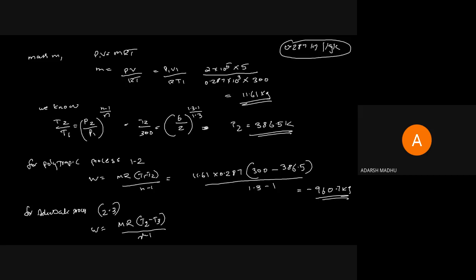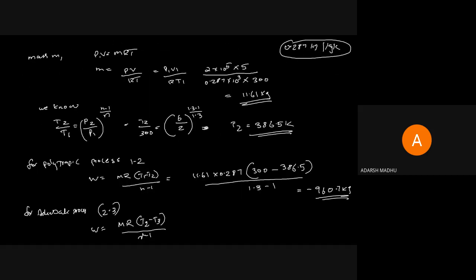Substitute the values. P2 is given as 6 bar and P3 is given as 2 bar.